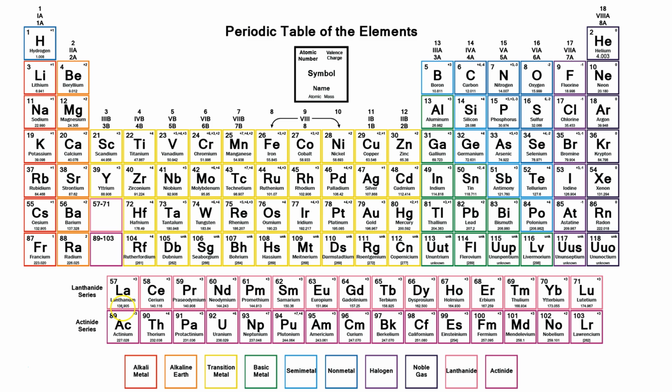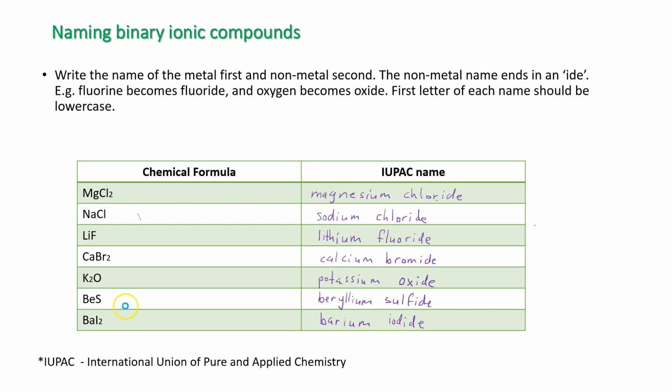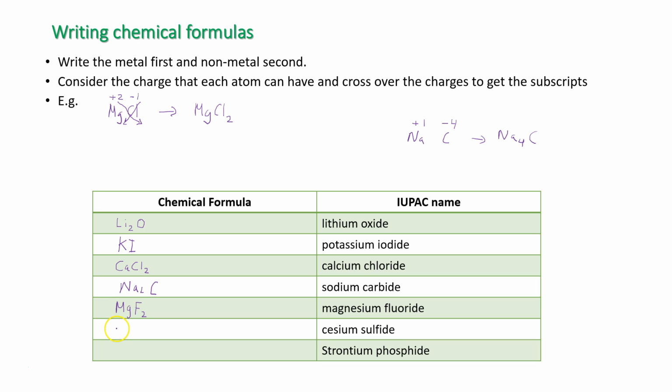Cesium is group 1, so Cs has a charge of +1. And sulfide has a charge of -2. So the cesium is going to get a subscript of 2. Sulfide is going to go here.